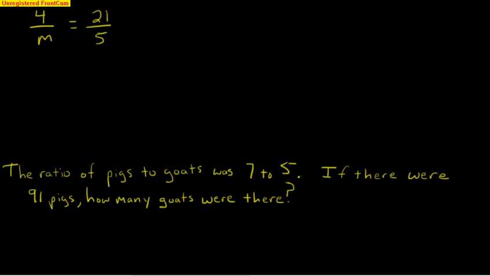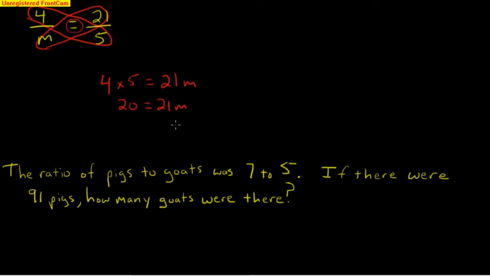Here's an example. We've got 4 over m equals 21 over 5. Because of the equal sign, we know we can set up an equation using cross products. 4 times 5 equals 21m. 21 times m. So 4 times 5 is 20 equals 21m.